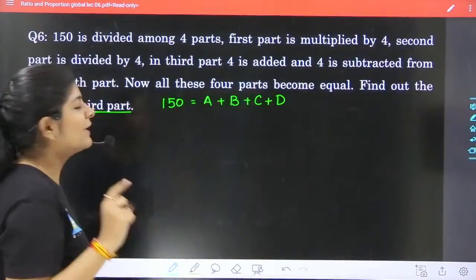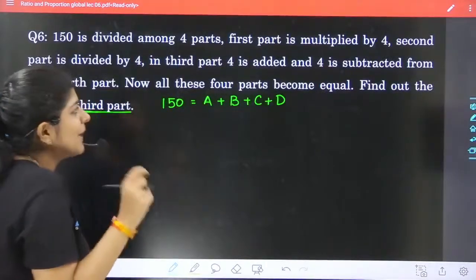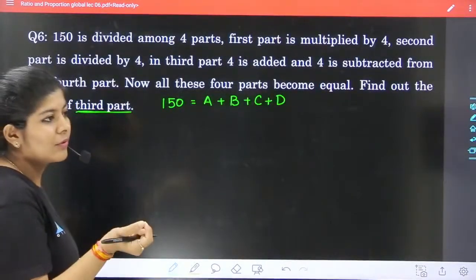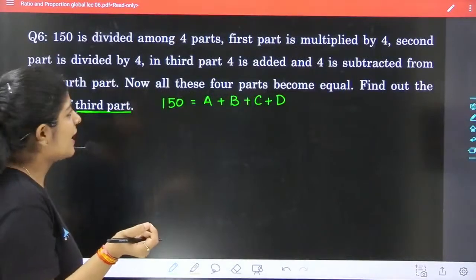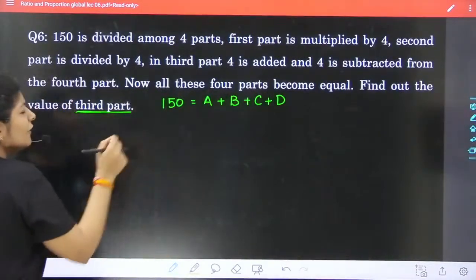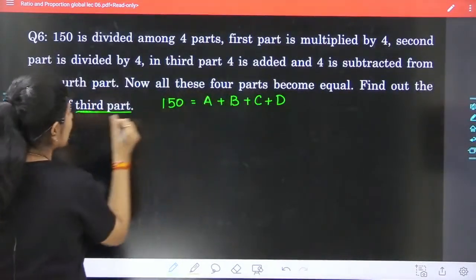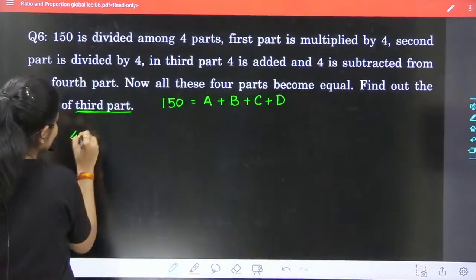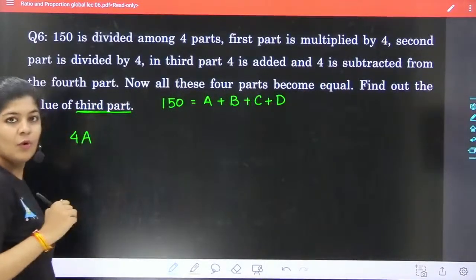According to the question, the first part is multiplied by 4. Okay, Shreyas, let's see. If I multiply the first part by 4, I can say that it is 4a.